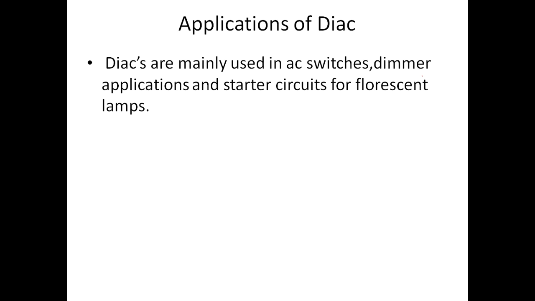So what are the applications of a diac? Diacs are mainly used in AC switches. Wherever there is a need for bidirectional current, there you can think that the diacs are used, right? Then in dimmer applications, basically LED based applications, wherein you'll notice that the intensity of the light is being continuously varied, there diacs find applications.